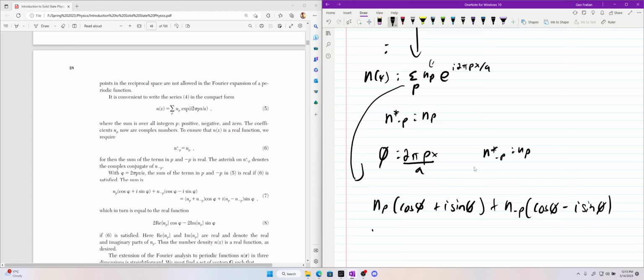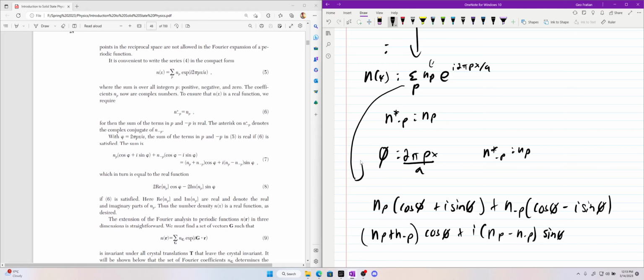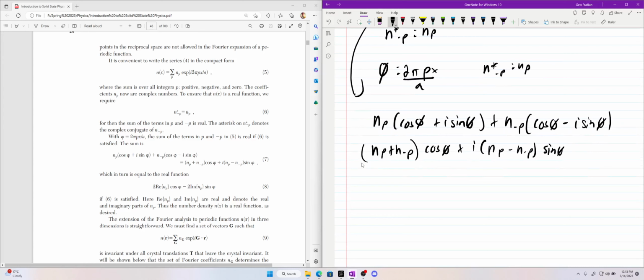Then we get n p plus n negative p cosine phi plus i n p minus n negative p sine phi, which is equal to 2, right?